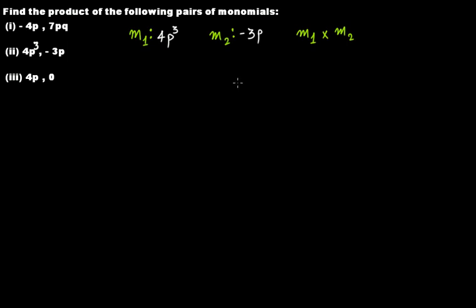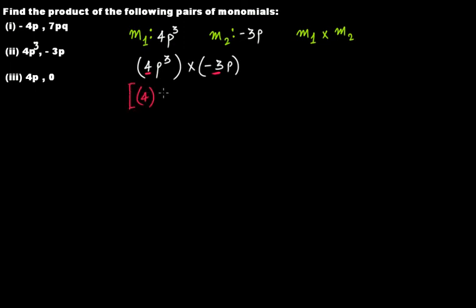Now m1 multiplied by m2 is what? Is 4p cubed multiplied by minus 3p. Okay, so here this 4 and this minus 3, that is the numerical coefficient of this monomial and the numerical coefficient of this monomial, you group them together.